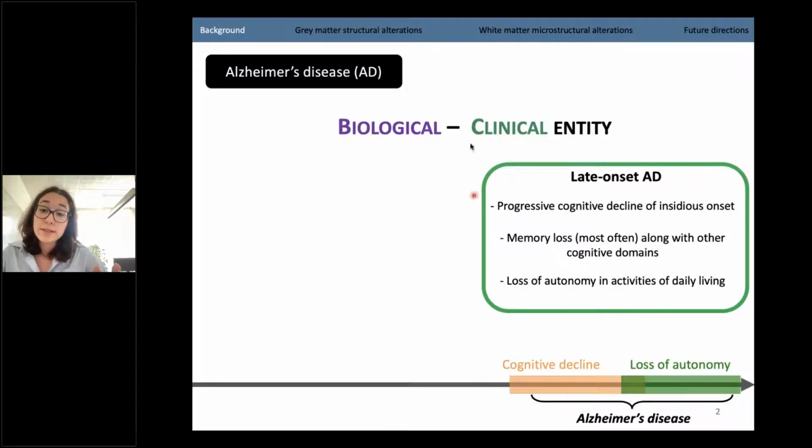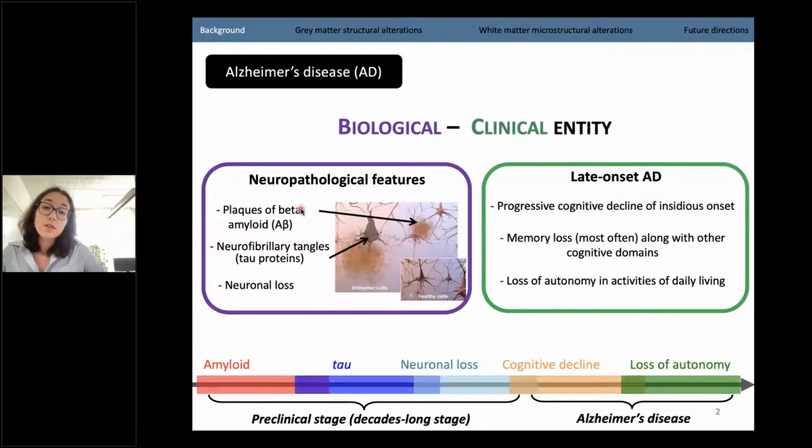And before there's any symptoms, there's a lot of biological changes that have been ongoing in the brain, which are deposition of plaques of beta amyloid proteins, neurofibrillary tangles that are formed from hyperphosphorylated tau proteins that is also accompanied by neuronal loss. And so all these changes start to occur in the brain in what we refer to as the preclinical stage of the disease.